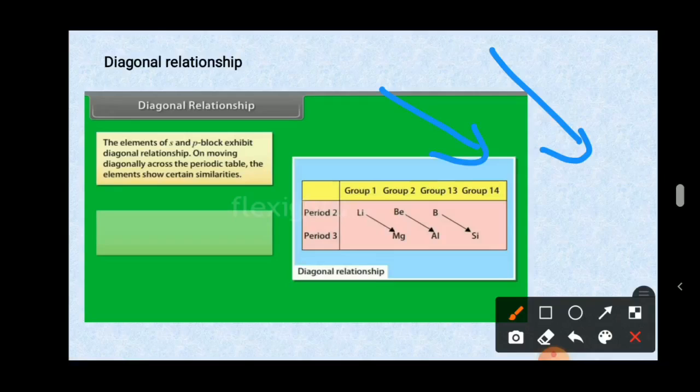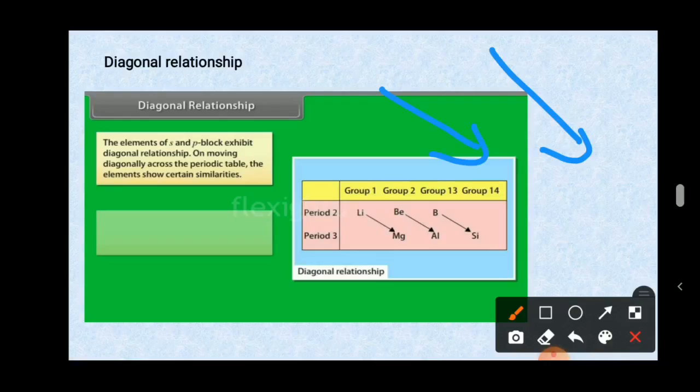Usually the first element of group number 1 is diagonally related to the next member of the next higher group. So that is called a diagonal relationship.